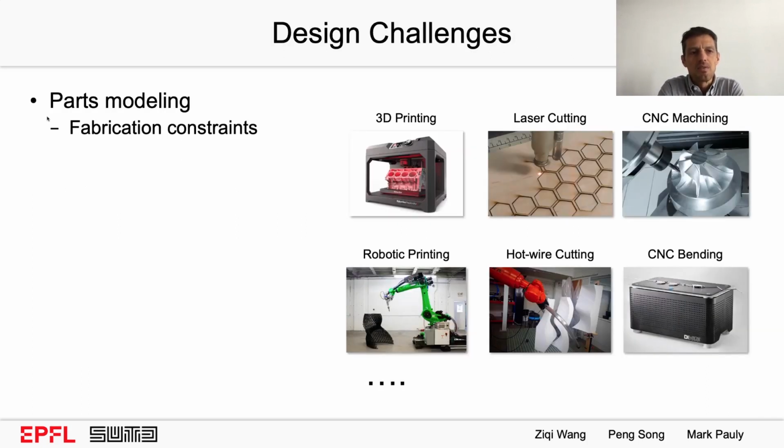First of all, we have to look at how we can adapt the component parts to a specific fabrication technology. So there will be constraints on the fabrication imposed by a specific machine. For example, if we use laser cutting, we're constrained to a specific type of 2D materials. CNC machining comes with its own constraints, and 3D printing as well.